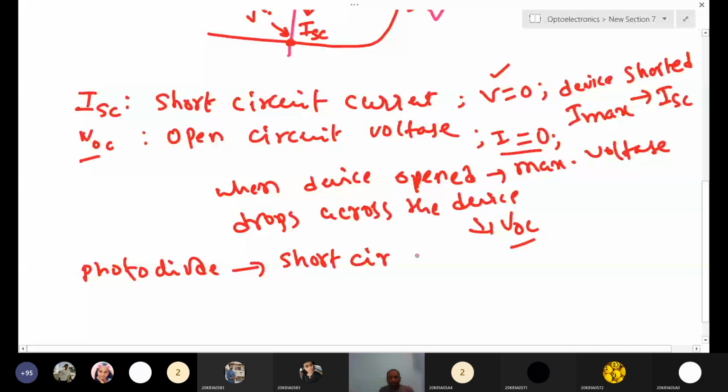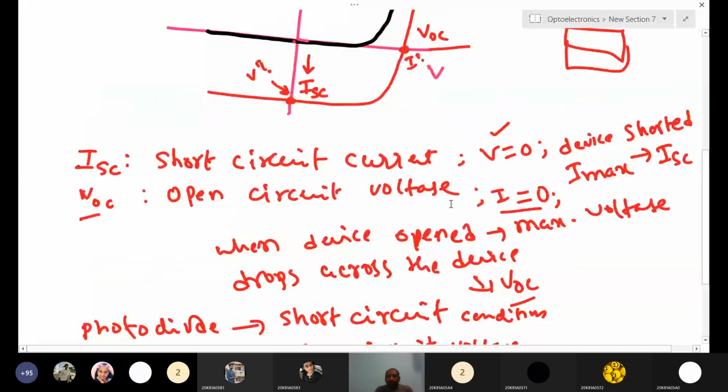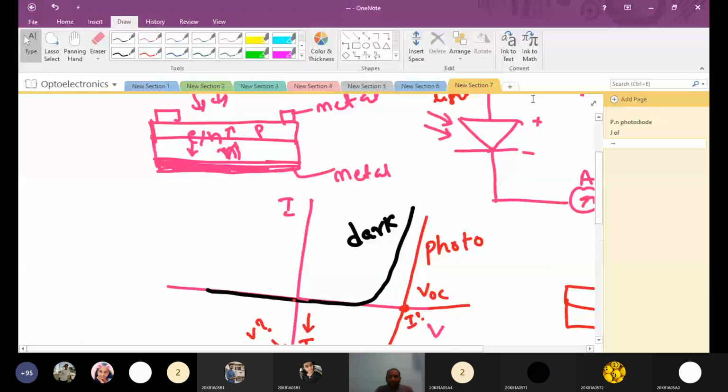And the solar cell, which we will discuss, will work in open circuit voltage condition. So a photodiode always works in short circuit condition and a solar cell works in open circuit condition. Now we will see why we are operating in short circuit condition.